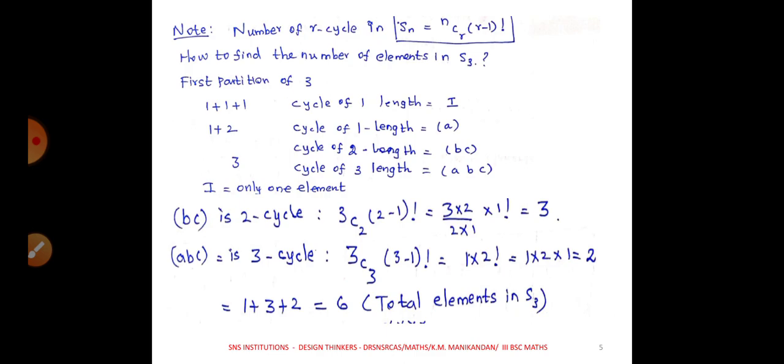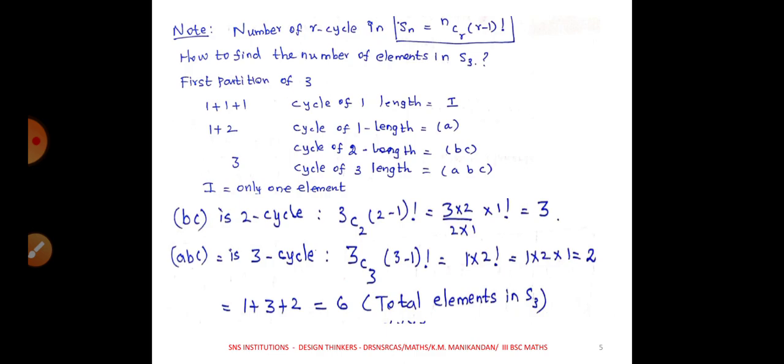And the other possible partition is 1 plus 2. Actually, the partition is framed with the help of the condition a1 less than or equal to a2 less than or equal to a3, and one more condition: a1 plus a2 plus a3 must be equivalent to the order of the permutation. Here the order of the permutation is 3.